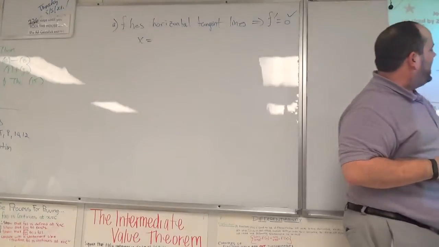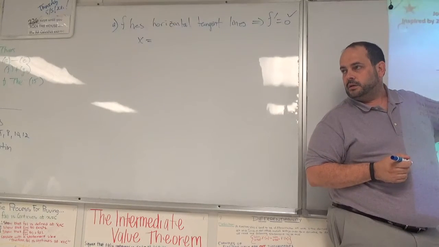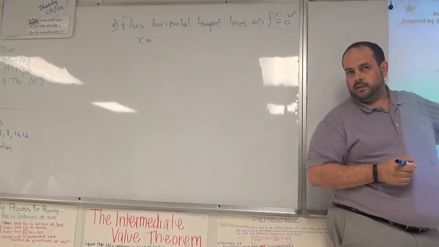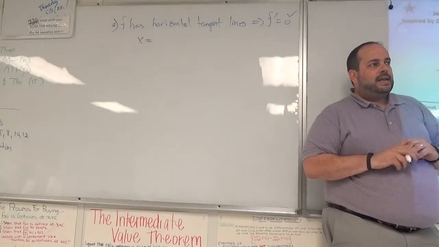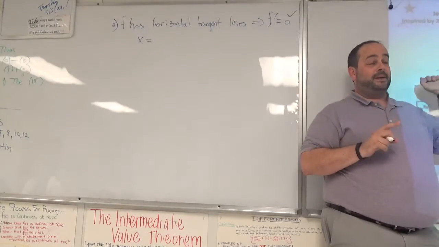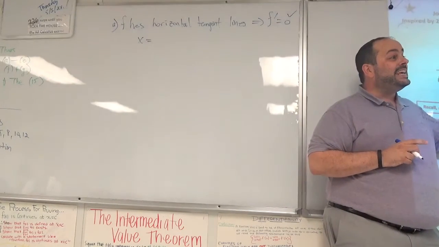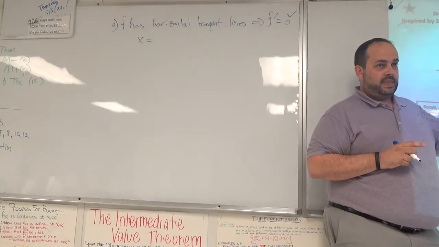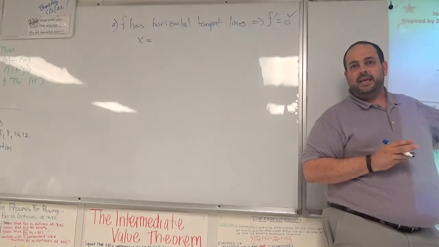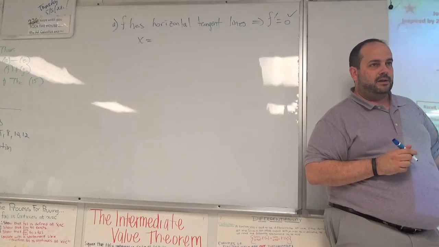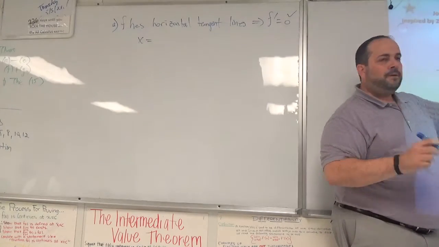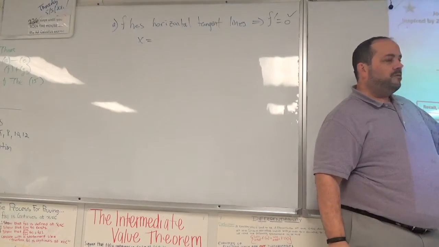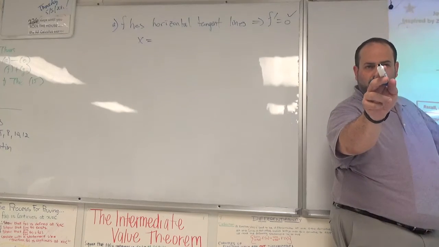Is f prime equal to 0 at -1? This is f prime. Yes. The people that were saying no, were you thinking over here is where the horizontal tangent line is?